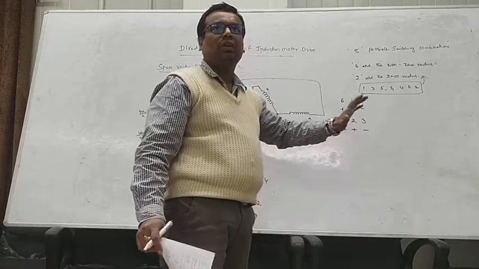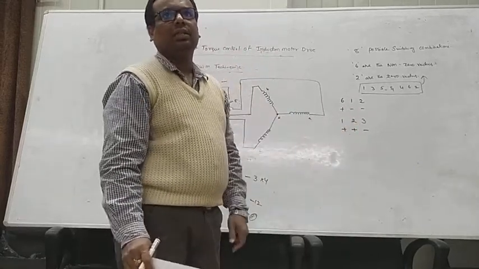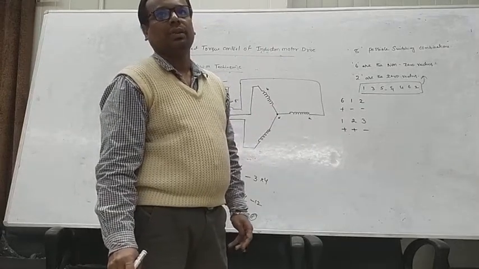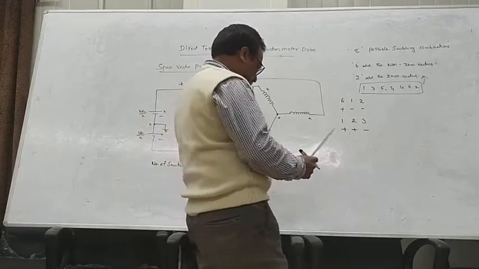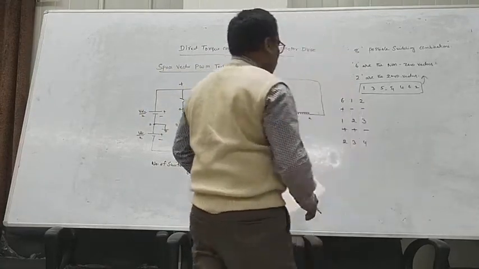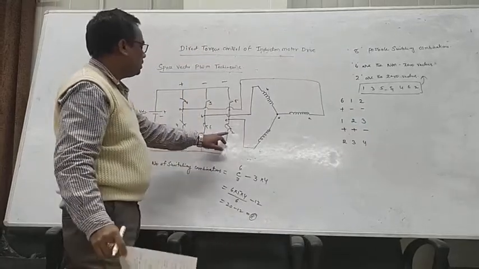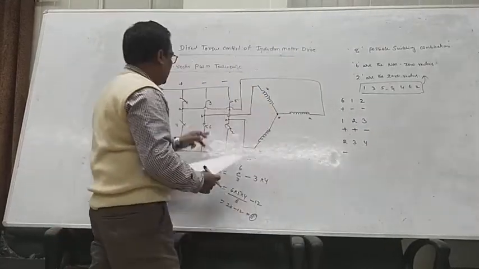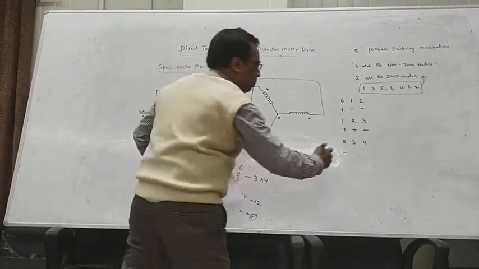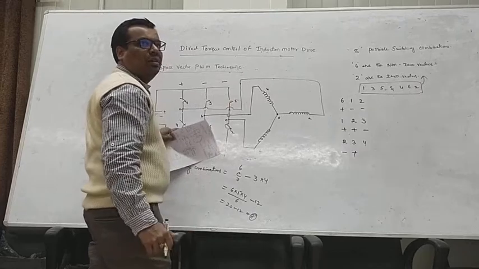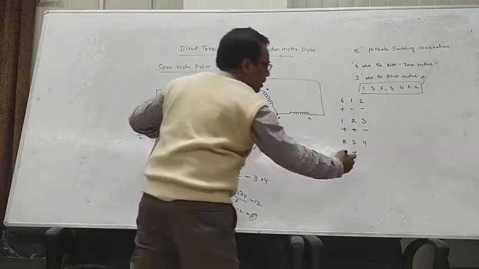You have to see that when you are switching the states, the minimum number of switching state changes also has to be considered. And the next group is 2, 3, 4. 2 means bottom group, so it is minus. 3 means positive group, plus. 4 is again a bottom group, also minus.